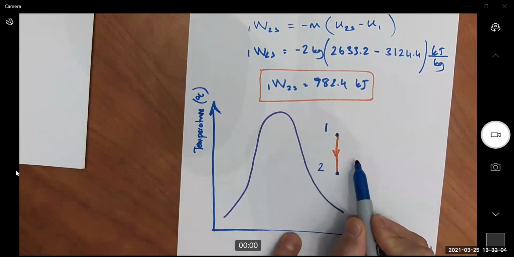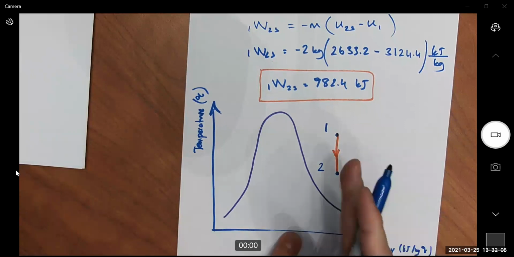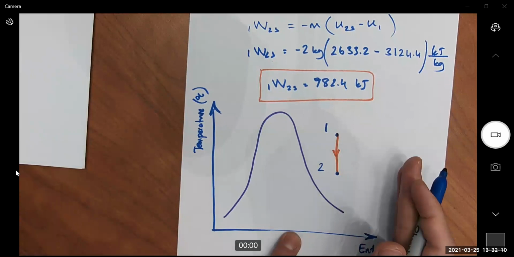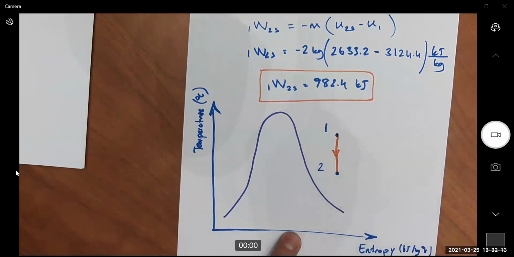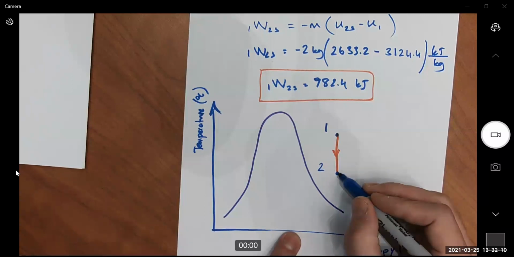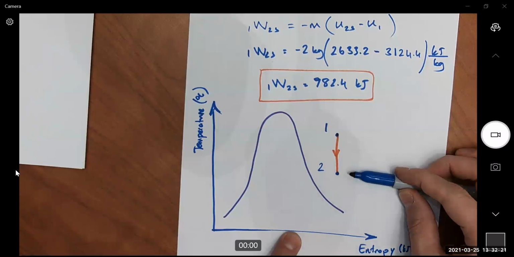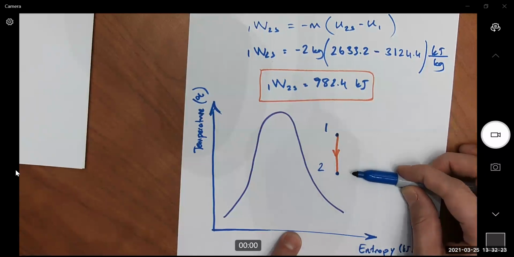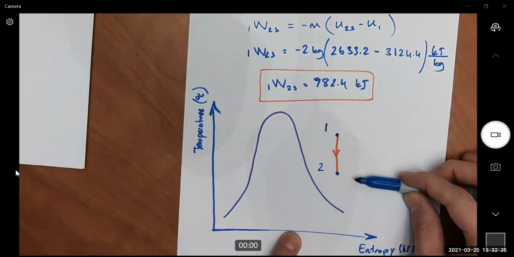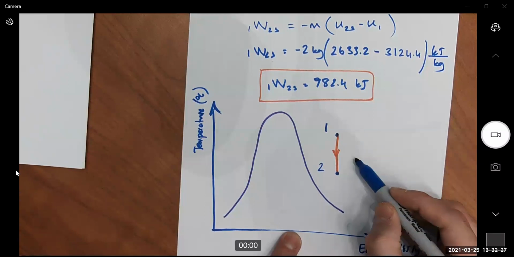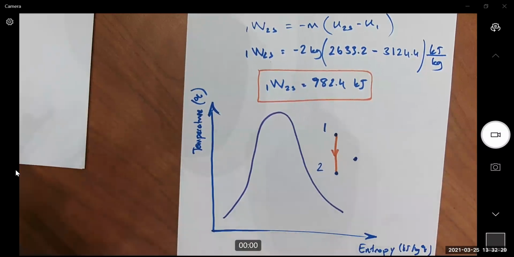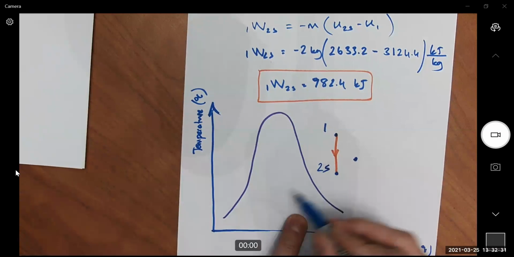Right. Why is it on the right? Entropy increases. So everything I am doing makes sense. If it doesn't, think again. Now am I higher than 2s or lower than 2s? Higher, because temperature is higher, right? So this is 2s, this is 2.